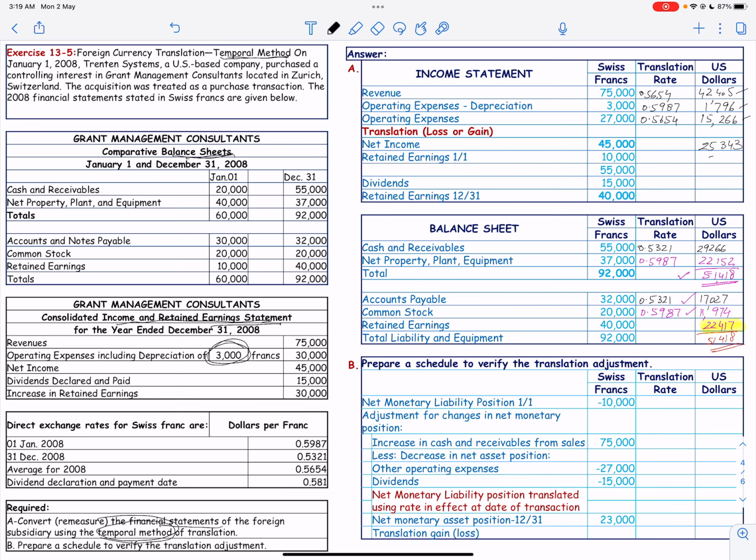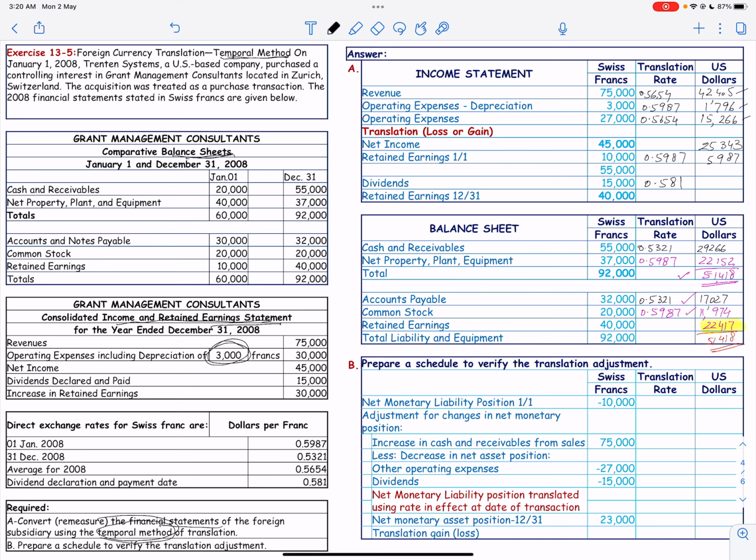Net income is 25,343. Beginning retained earnings will be at the rate of 0.5987, 5,987. And then we have the dividend, and the dividend is at the rate of 0.581.